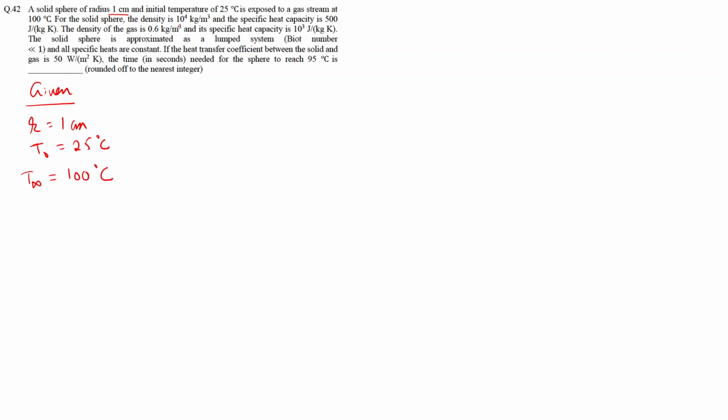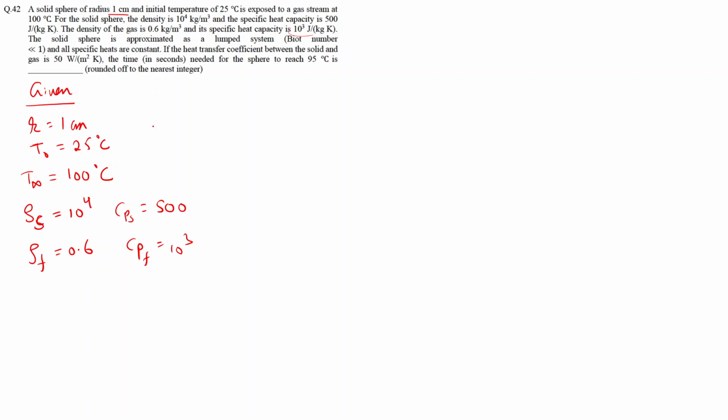For the solid sphere, the density is 10 raised to 4 kg per meter cube. So let's call it density of solid as rho s as 10 raised to 4 and the specific heat capacity as 500. Similarly, the density of gas, let's call it density of fluid as 0.6 kg per meter cube and specific heat of fluid as 10 raised to 3 joule per kg Kelvin.